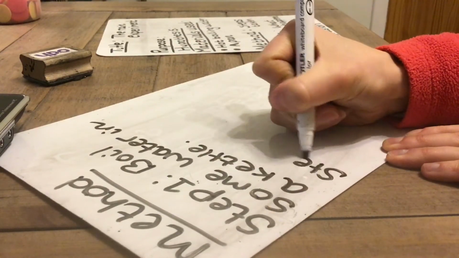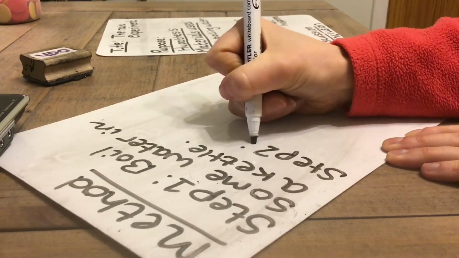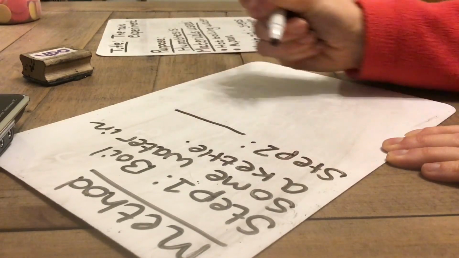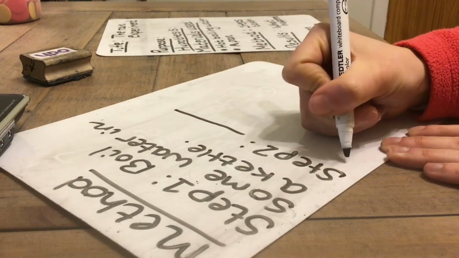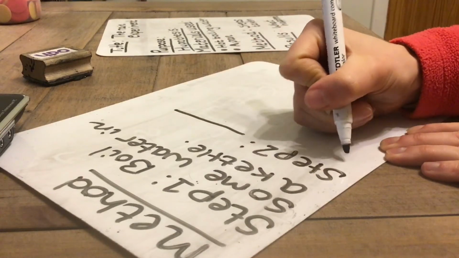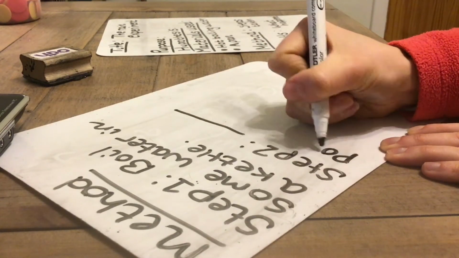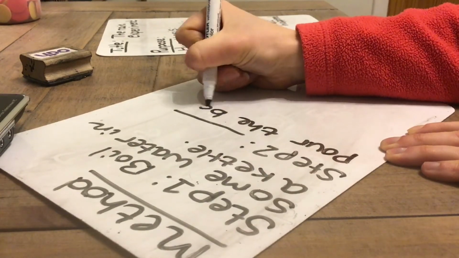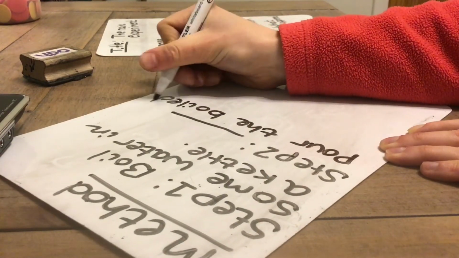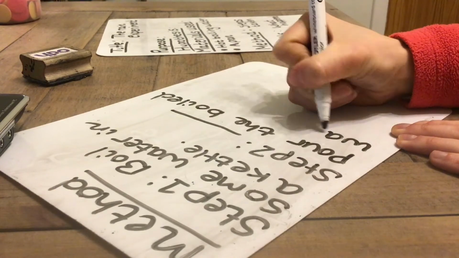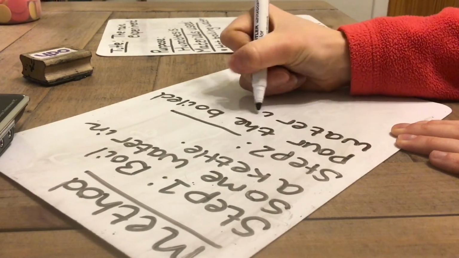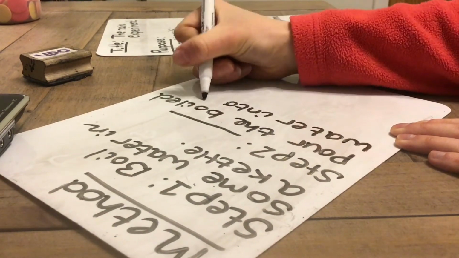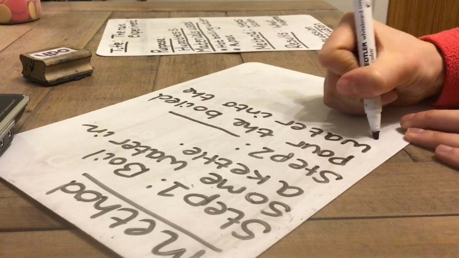Step 2, what adverb could you put at the start of this sentence? So something, pour the boiled water into the pan.